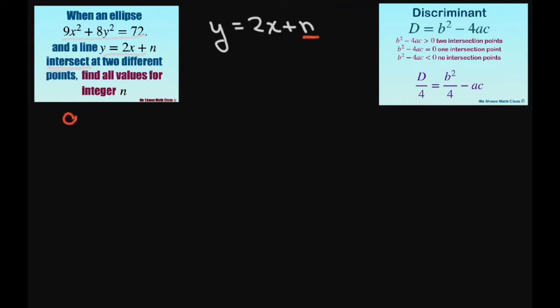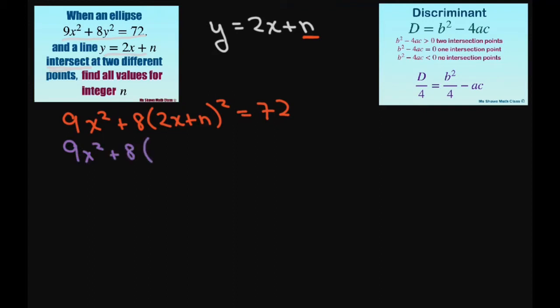So we're trying to find all values here. I can write 9x squared plus 8 times (2x plus n), that's your y, squared, equals 72. Now, this is going to be 9x squared plus 8 times 4x squared plus 4xn plus n squared, and then subtract the 72 and set it to 0.